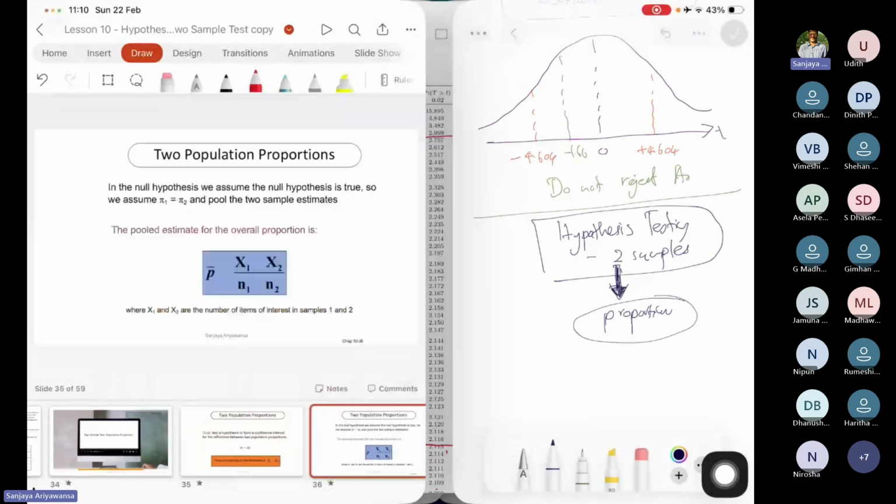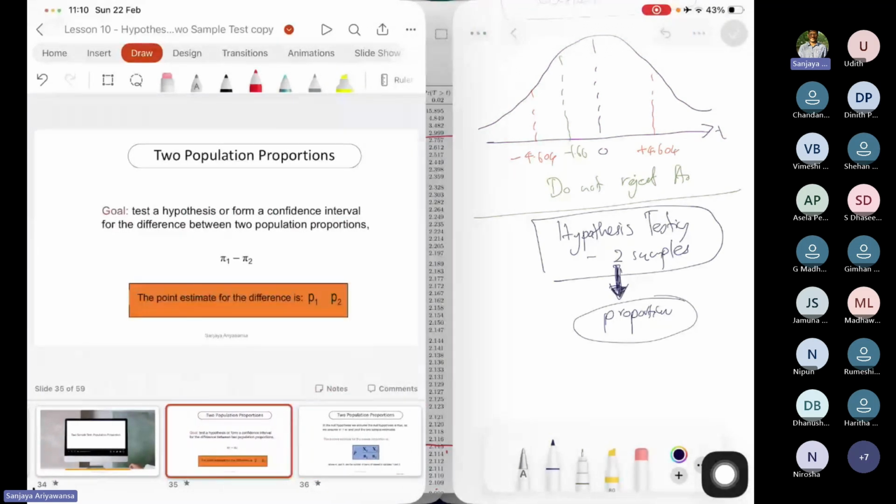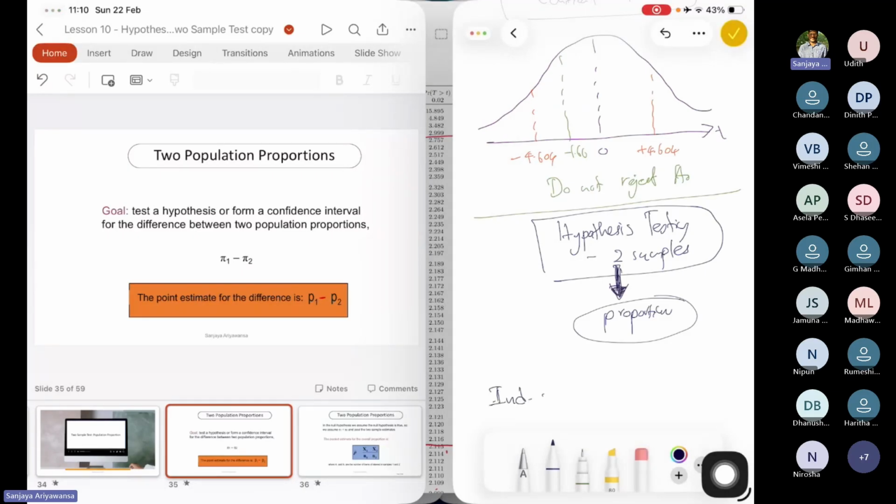So in terms of population proportion, the point estimate is given by P1 minus P2. What was the point estimate in the case of independent sample means? The point estimate was x1 bar minus x2 bar.